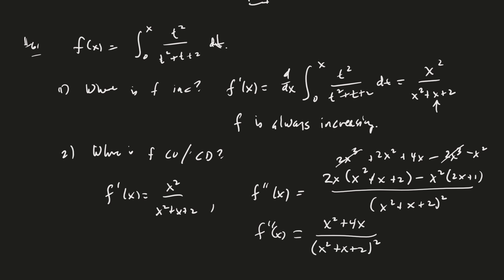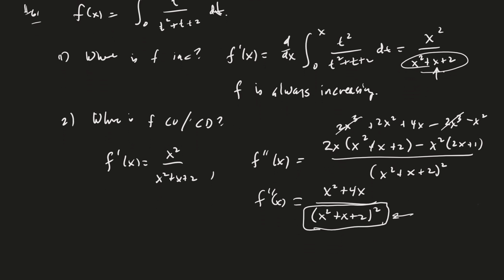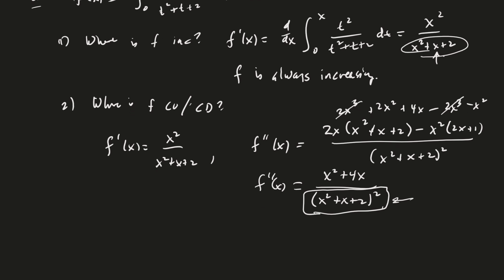Good. Now, we've already determined that the denominator is always positive, and so squaring it is just going to make it more positive. And so we don't have to regard the denominator at all when we're just trying to figure out the sign of the second derivative. And so we just have x times x plus 4 on the top there. That's a parabola that opens up, with zeros at 0 and negative 4, is what it looks like.